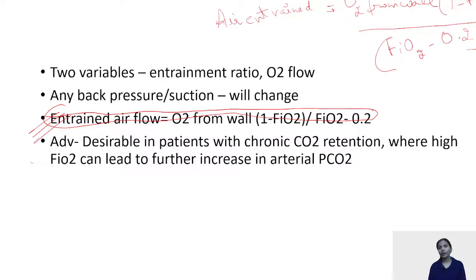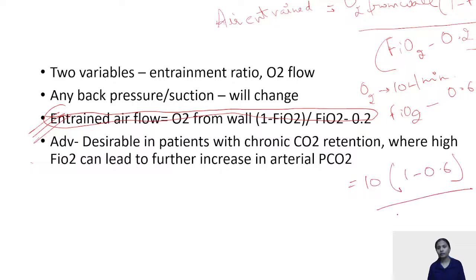For example, the oxygen from the flow meter is coming at 10 liters per minute, and the FiO2 that we desire, from the baffle we have attached, is say 0.6. So how much air will be entrained is 10 into (1 minus 0.6) upon (0.6 minus 0.2), which is 10 into 0.4 upon 0.4, the same, that is 10 liters.